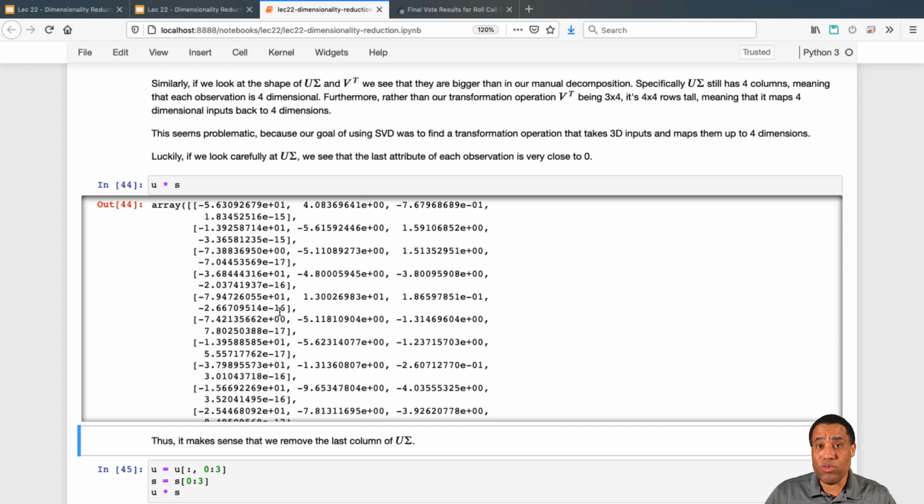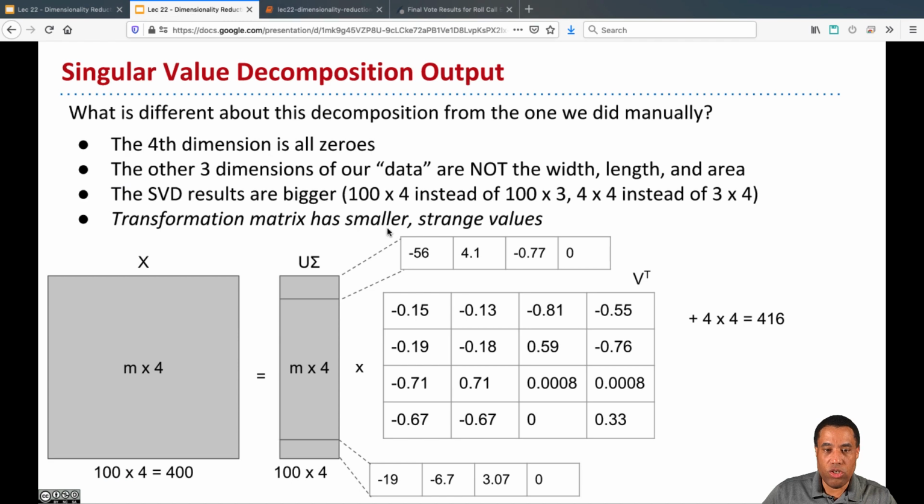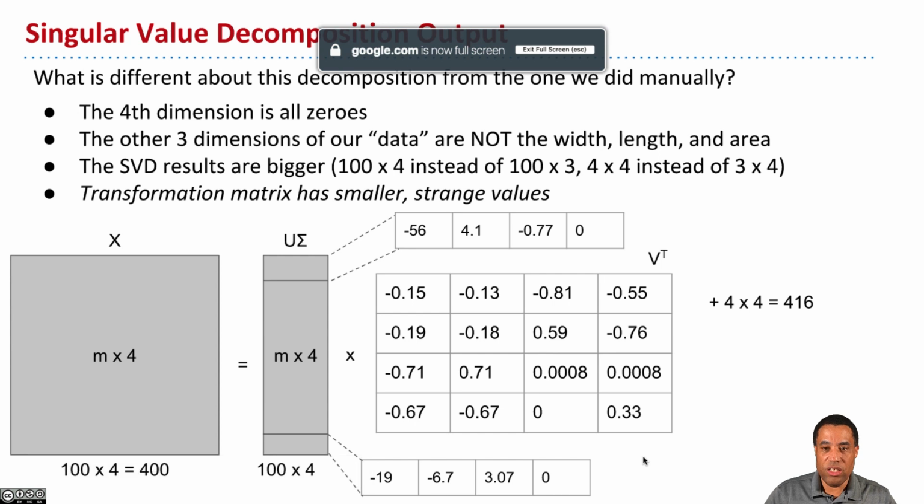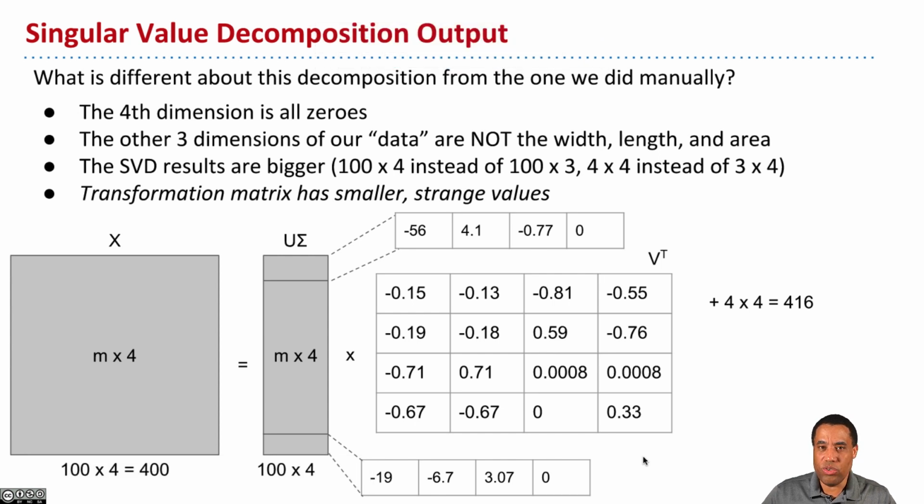These are values that are pretty much zero. It's just numerical precision errors that cause these not to be actually zero. So given that, we don't really need that column. That column's really not adding any value here. So that's one issue: we have this extra column in U sigma that's not adding anything, and it's 100 values that we're storing that we don't need.